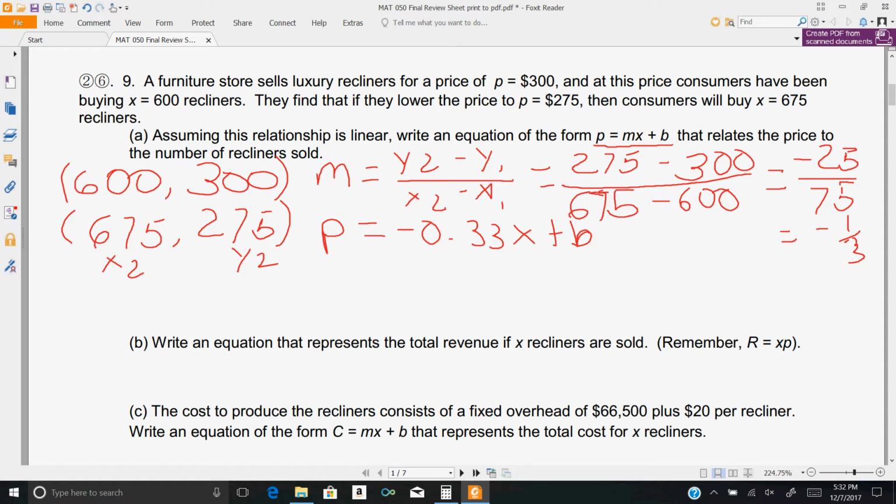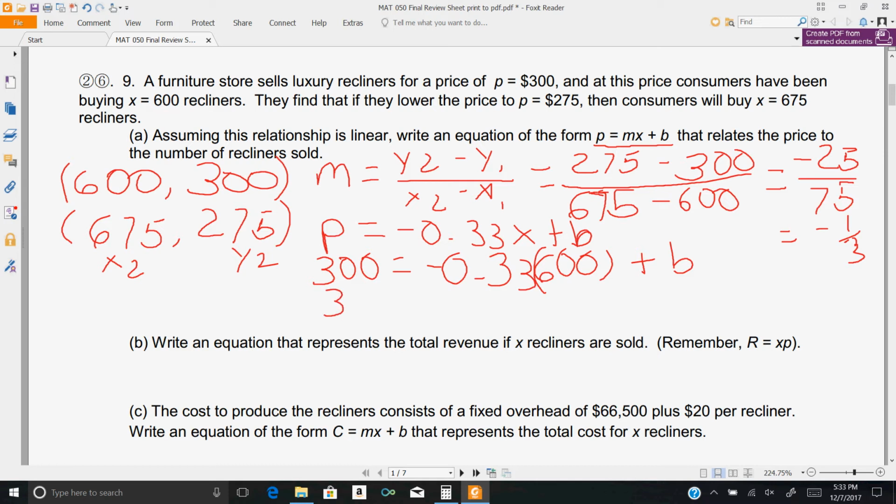So if x is 600, p has to be 300. So I'm going to say that 300 equals negative 0.33 times 600 plus b.